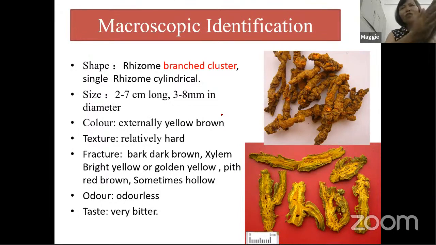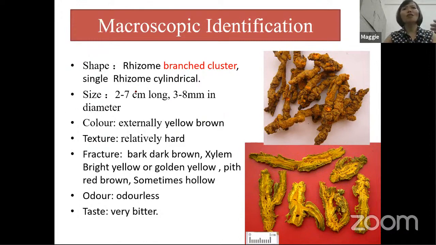Because these features depend on our sense organ, such as our eyes, nose, and ears, and mouth, etc. So these microscopic characters, sometimes we call it organoleptic characters. Microscopic identification, also called organoleptic identification.